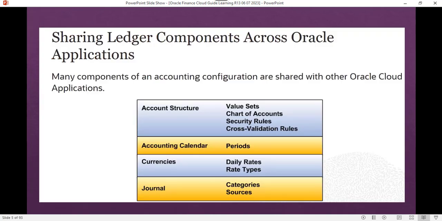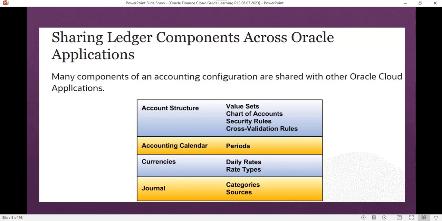Now, a lot of what we are going to set up in general ledger is shared across the Oracle application. The chart of accounts is set up in general ledger and associated to a primary ledger, and then that will be used in the subledgers that are linked to that primary ledger.